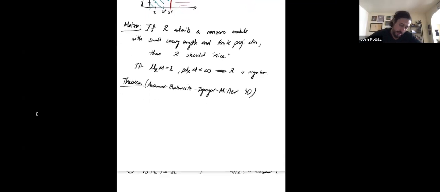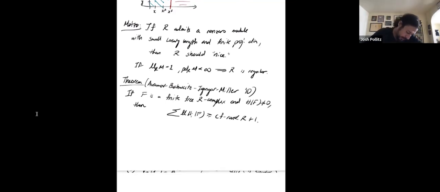So it says the following. Let's say you have some finite free R complex. So imagine maybe a finite free resolution of an R module. And let's assume that it has non-zero homology, it's not contractible.